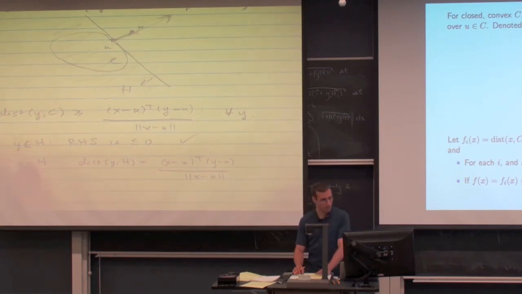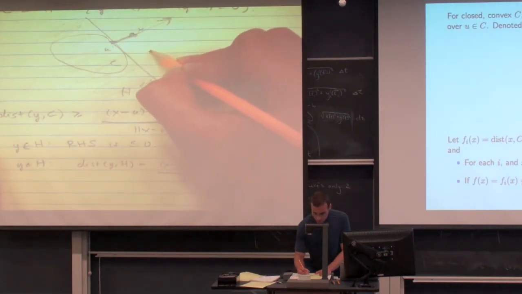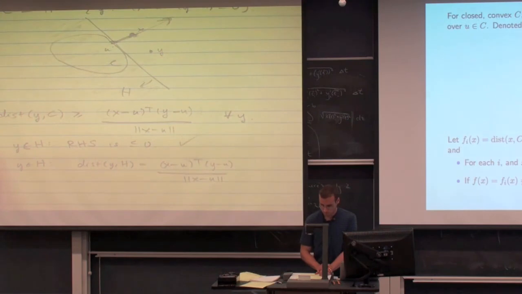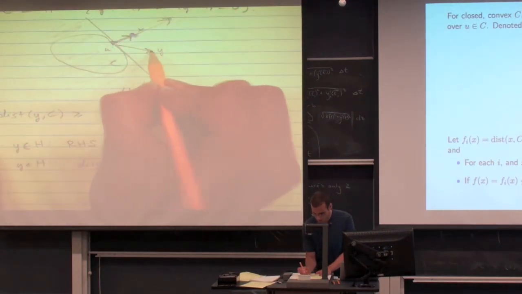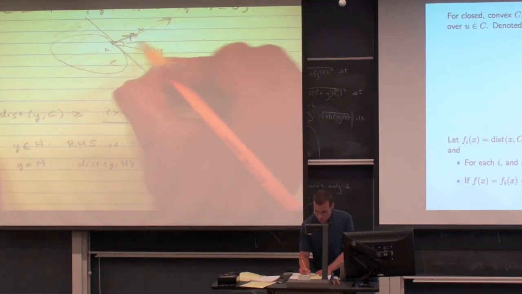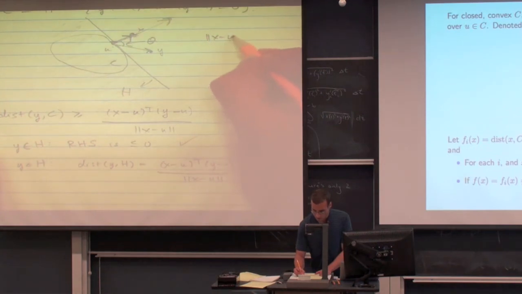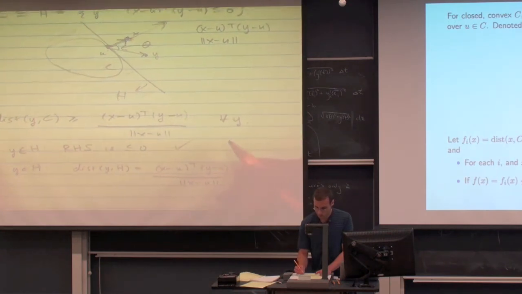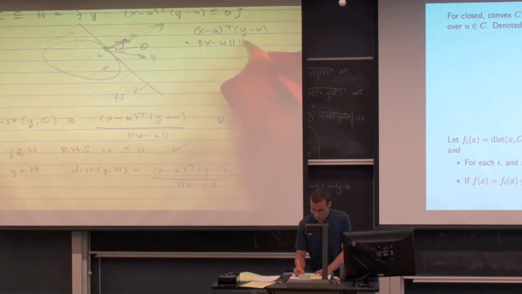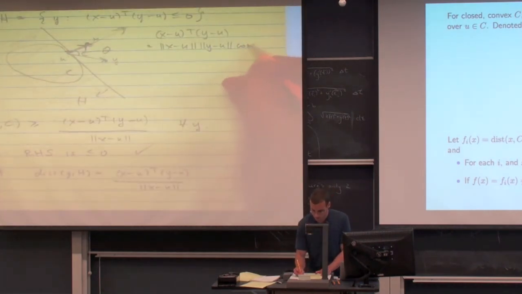We can maybe go to the picture. It helps to look at the picture. Let's take some y out here. Okay, so I'm looking at the inner product between these two vectors. The inner product between these two vectors, (x minus u) transpose (y minus u), is equal to the norms of those two times the cosine of the angle in between them.